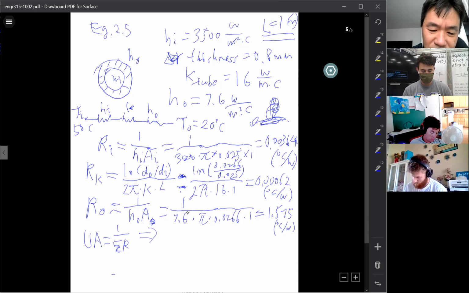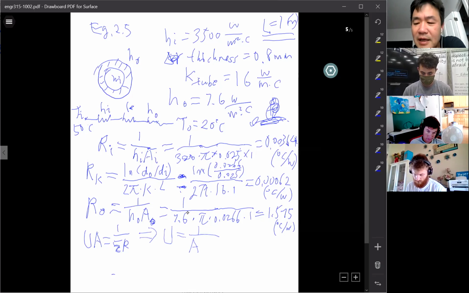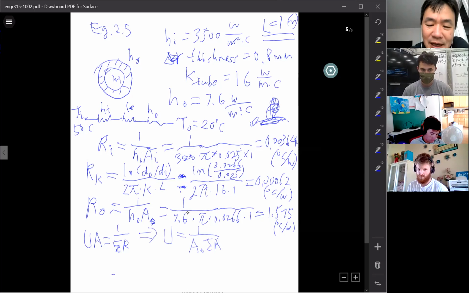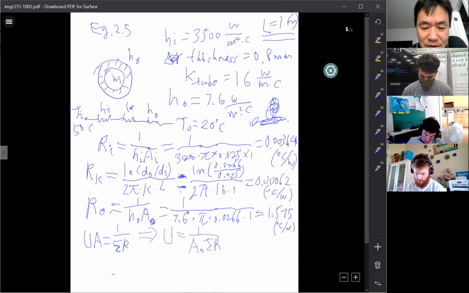So U equals 1 over A0 times the summation of R. Okay, because U is the overall heat transfer coefficient. So you need to add the R's together times a characteristic area, which in this case is the most dominant heat transfer mechanism, R0. So A0 is the area, okay?